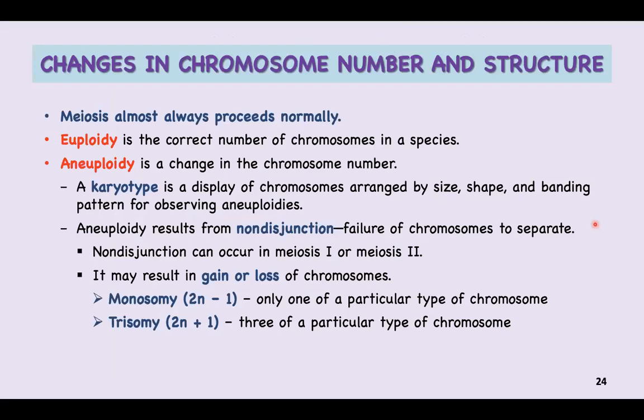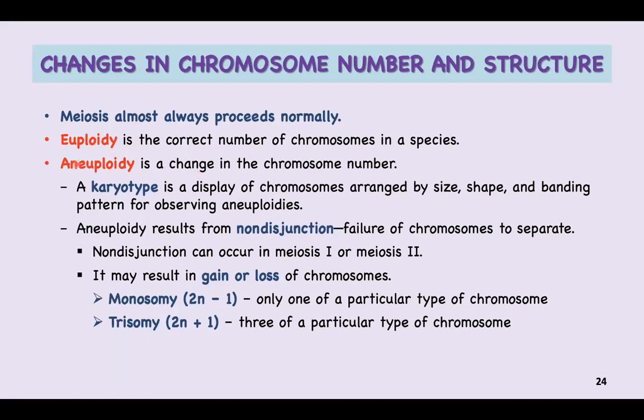So, we go on into the last subtopic, which is 10.6. Okay, 10.6 ni, meiosis almost always proceed normally. Okay, when it's normal, kita cakap, we call that as euploidy. Euploidy is the correct number of chromosomes in a species.